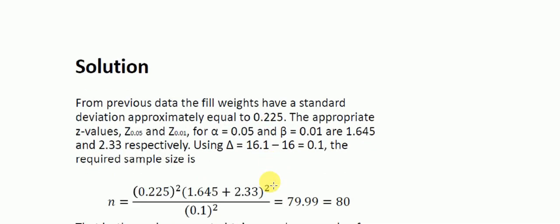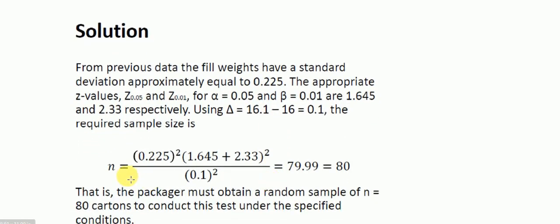Okay, so how will we calculate it? We have this formula, and here we have the sample standard deviation. So standard deviation is given in the question and it's equal to 0.225. So we take a square of that. Then we have to plug in the values of Z alpha and Z beta.